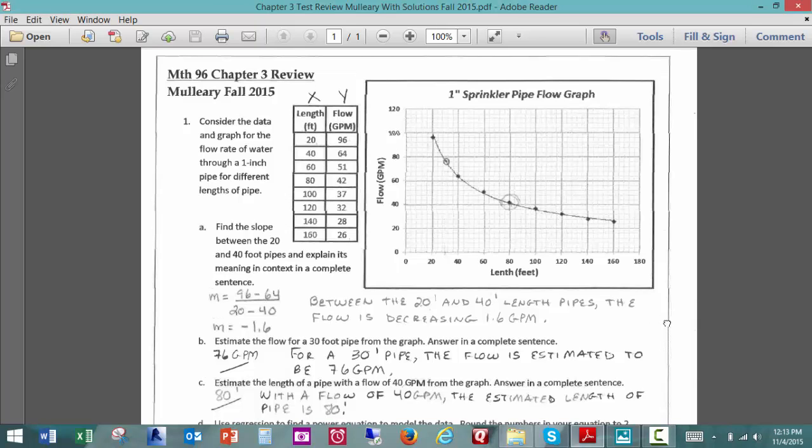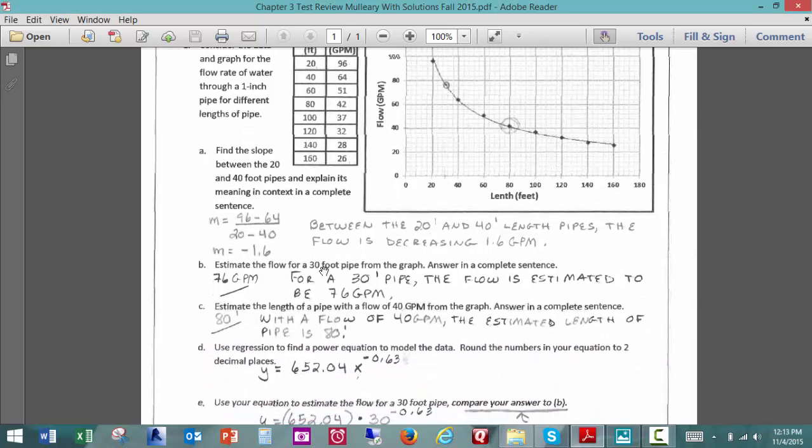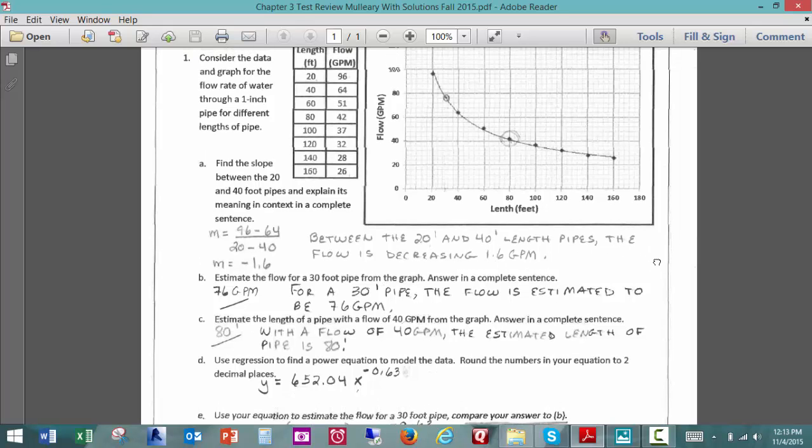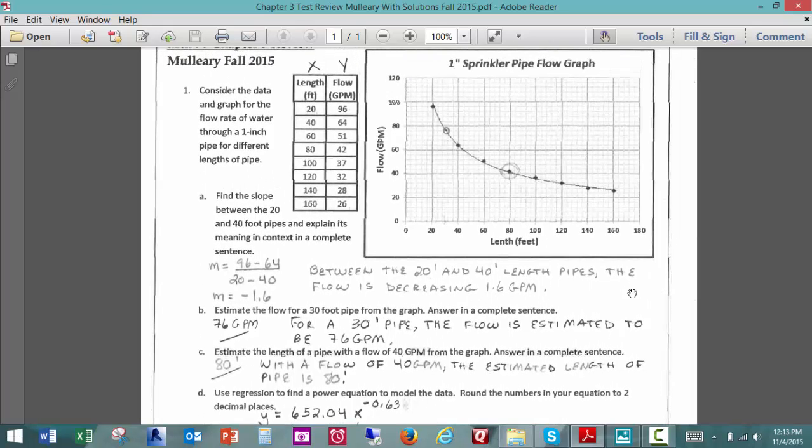On B, it says estimate the flow for a 30-foot pipe from the graph. And it's important that you notice that it's from the graph and answer in a complete sentence. So I'm looking for 30 feet. Well, 30 feet is right in here.